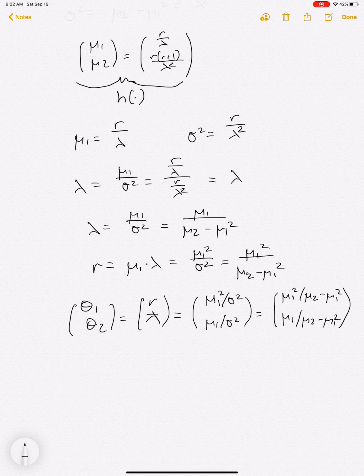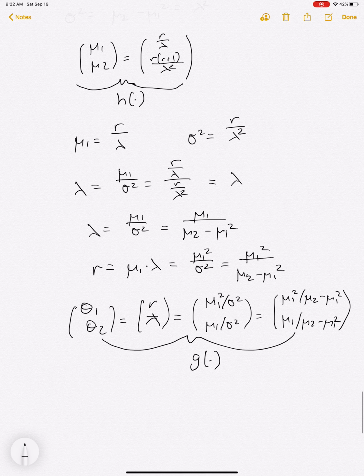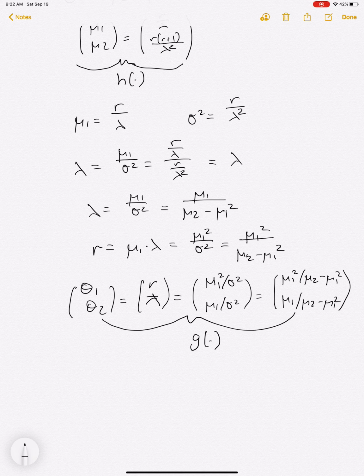So this is our g function. It looked a bit technical, but all I've really done here is invert this expression. So we've got our g function from our h function.